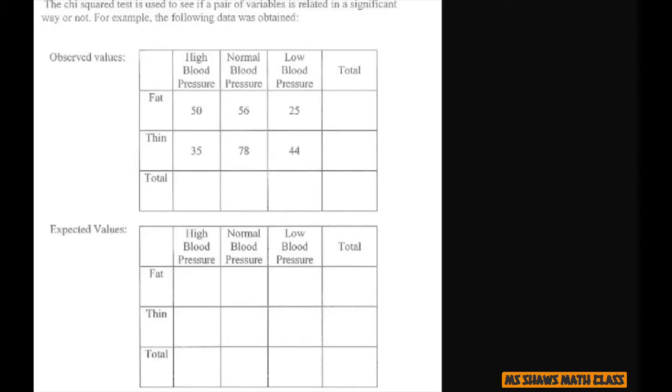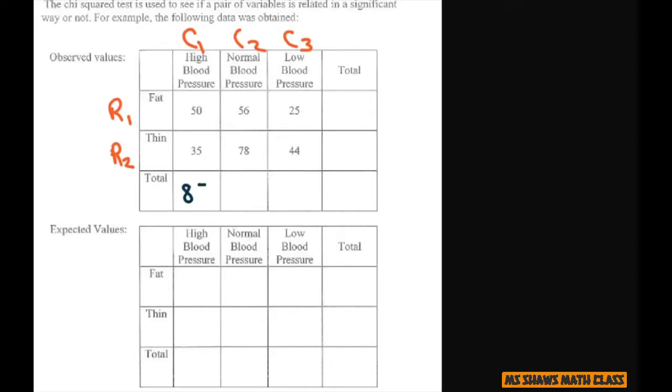So when you add up, first notice we have 3 columns, column 1, column 2, column 3, and we have 2 rows, row 1 and row 2. We don't count the totals as rows and columns. So let's add our totals.